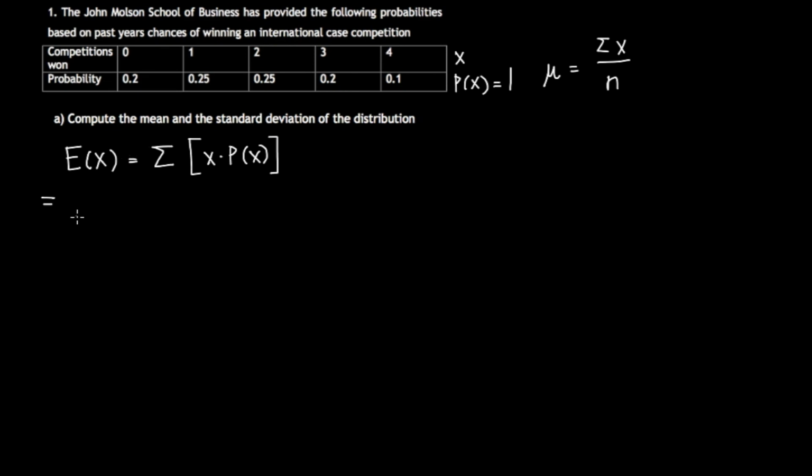So this is going to equal, we know that 0 competitions won within this given year occurs 20% of the time. Plus, we know that winning 1 competition within this given year occurs 25% of the time.